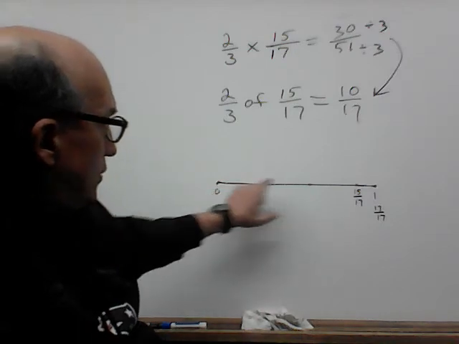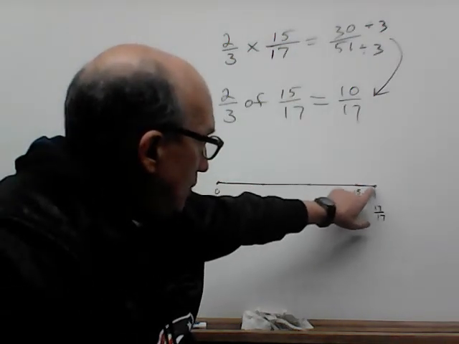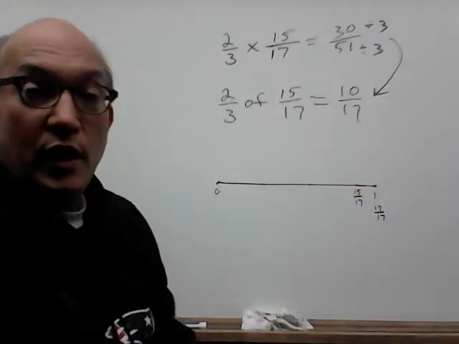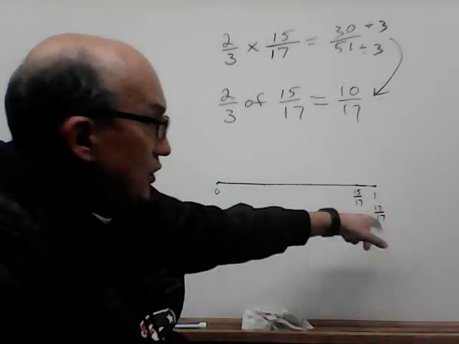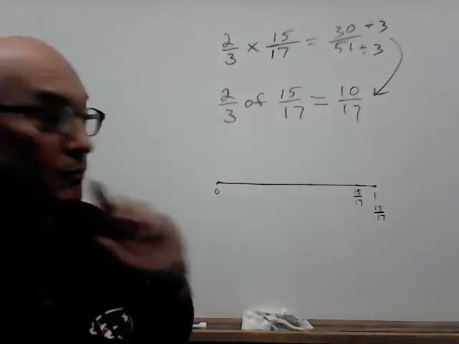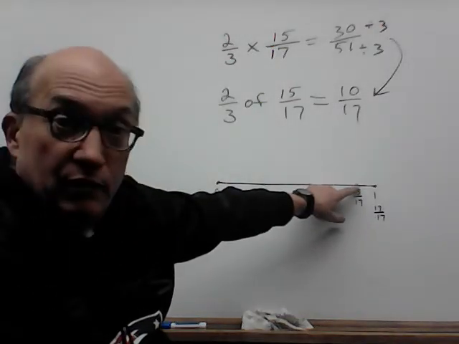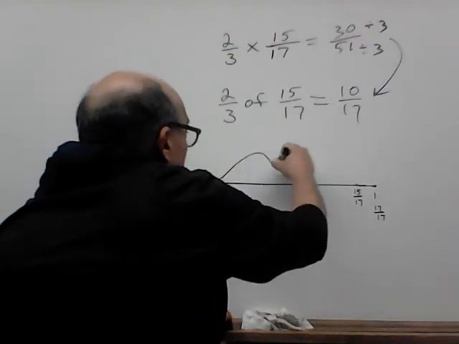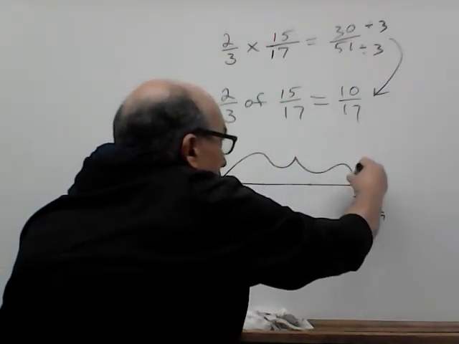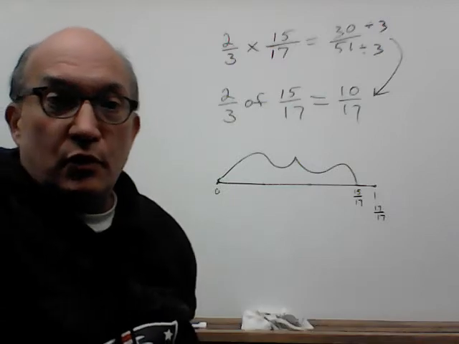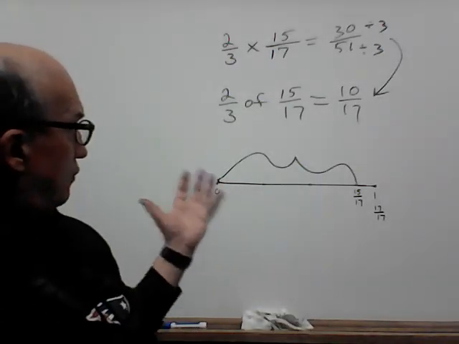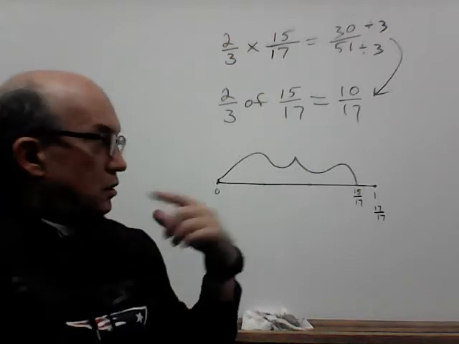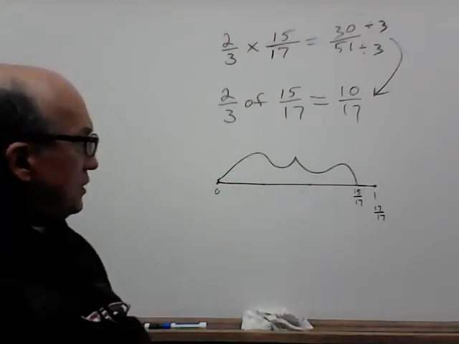And so at the end here, I'm going to call the end point 1. It's a number line from 0 to 1, but 1 is also 17/17. And then I put a little point at 15 inches, so that what we're concerned with is not the entire length from 0 to 1, but just from 0 to 15/17. Okay? So just focus on that piece of it.